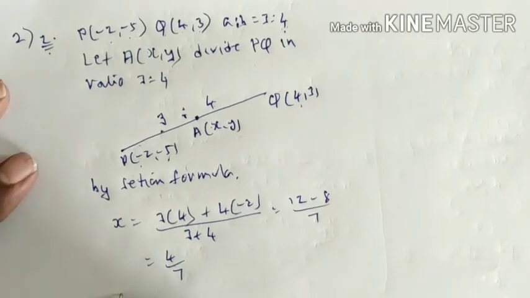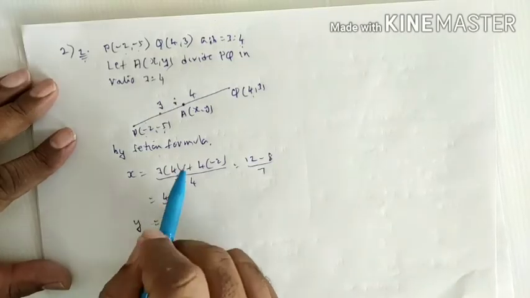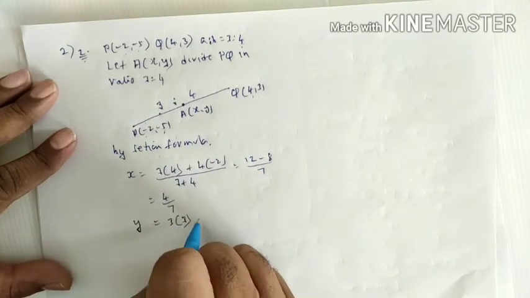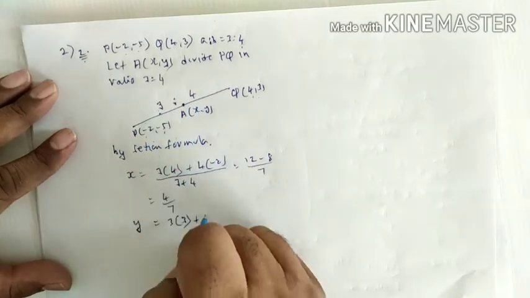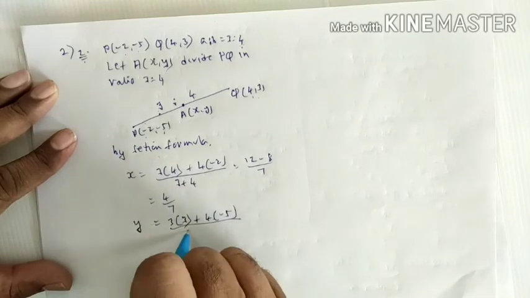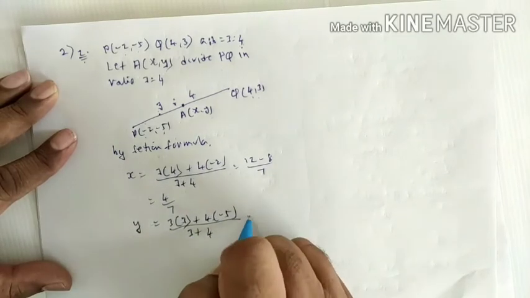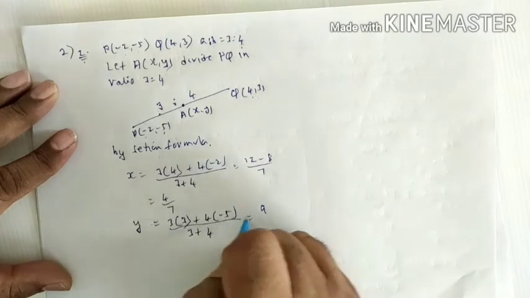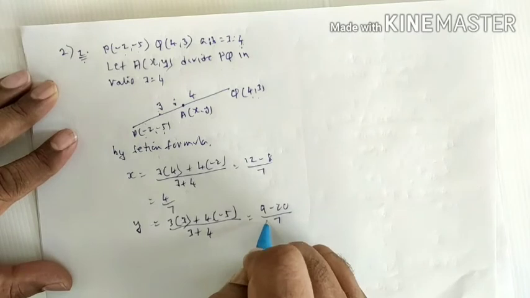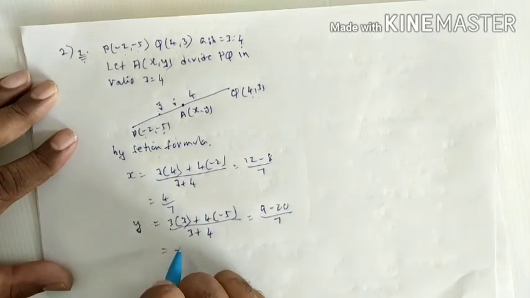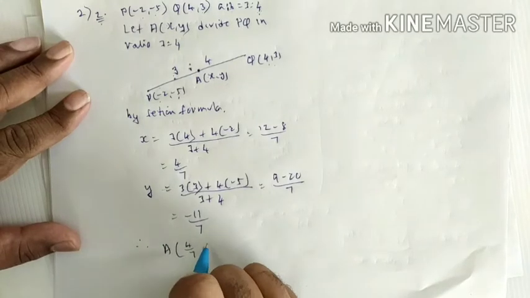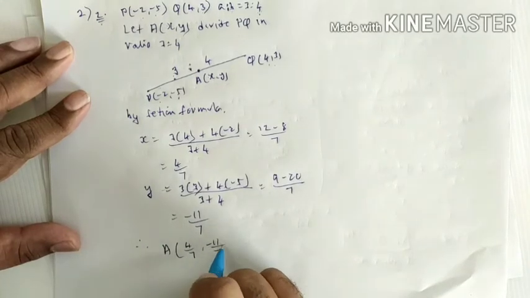In the same way we shall find the value of y. We get y is equal to (3 into 3 plus 4 into -5) upon (3 plus 4). 3 into 3 is 9, minus 20. 4 plus 3 is 7. 9 minus 20 is -11 upon 7.